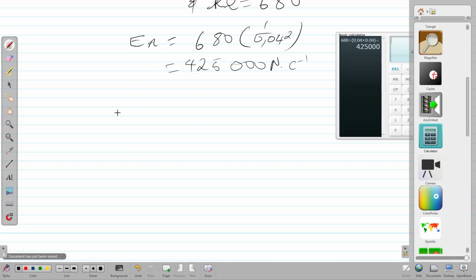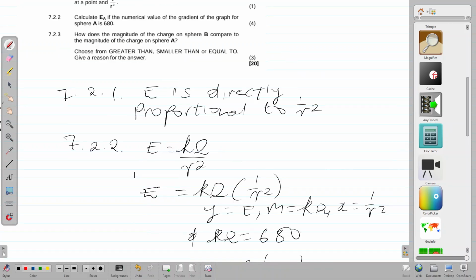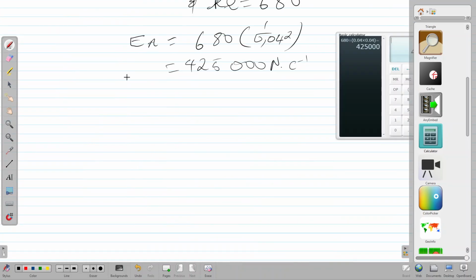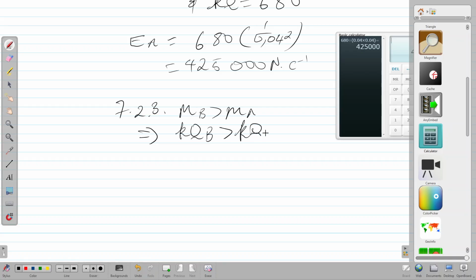So that is 7.2.3. From the graph we note that the gradient for charge B is greater than the gradient for charge A, or we can say that kqB is greater than kqA.